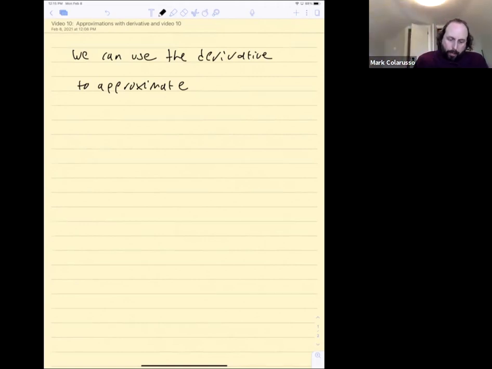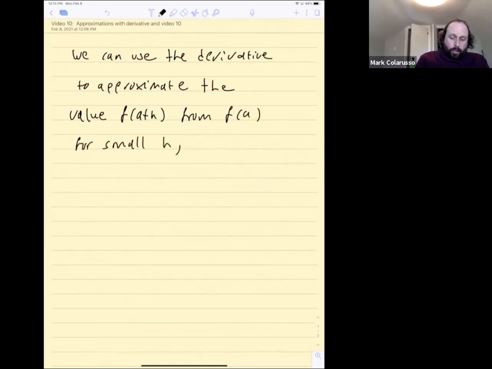So the way to say that precisely is we can use the derivative to approximate the value of f of a plus h from f of a, for small h, both when h is positive and negative.